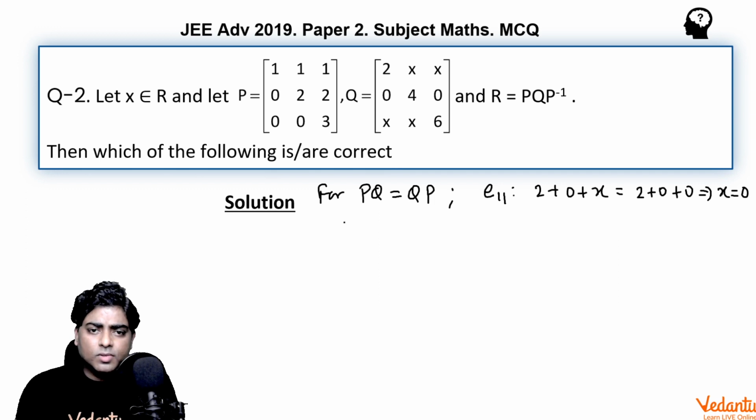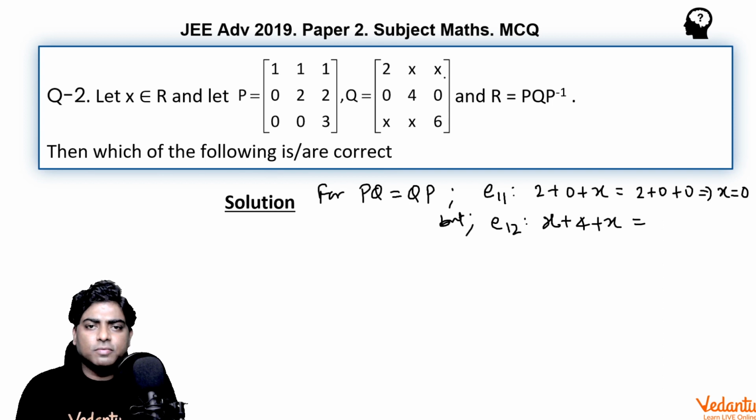But if we take E12, you will see that on the left, E12 of PQ is x plus 4 plus x, and for QP, the first row of Q and the second column of P gives 2 plus 2x plus 0.